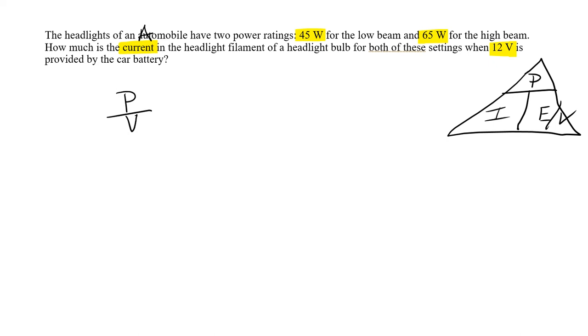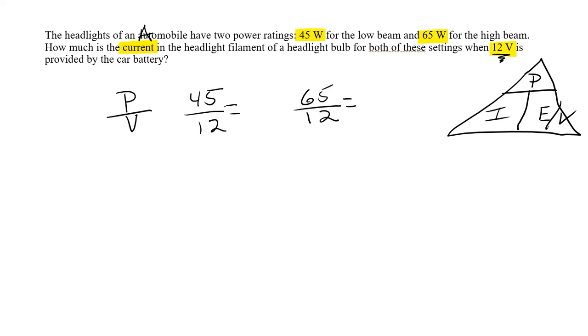So what's our P? Our P is 45, and our P is 65. And our volts are consistent through the whole thing. So our volts are 12, and our volts are 12. So we're basically looking at how much amps go through the light bulb at the different settings.